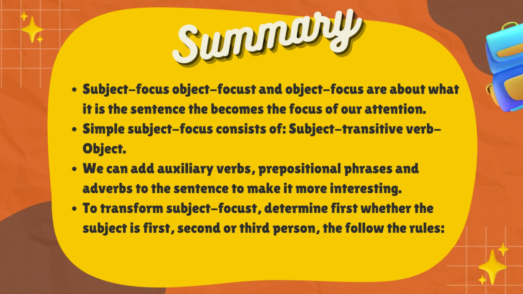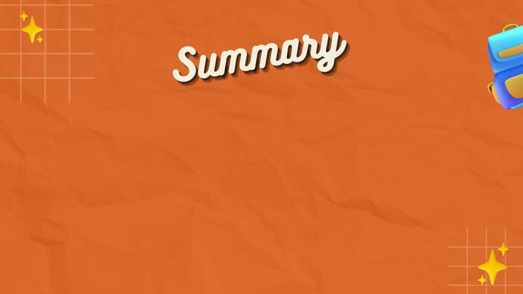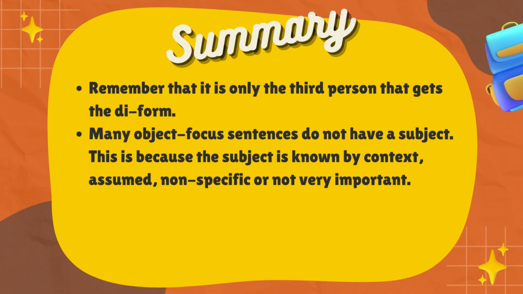To transform subject focus, determine first whether the subject is first, second, or third person. Follow the rules. First person: object, subject, verb. Second person: object, subject, verb. Third person: object, verb, if subject is pronoun. Remember that it is only the third person that gets the di- form.